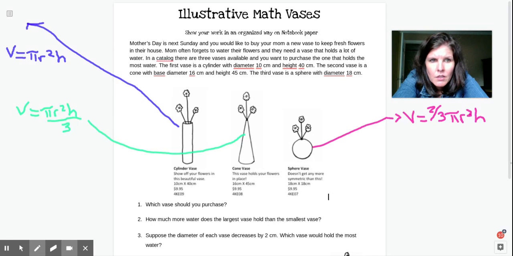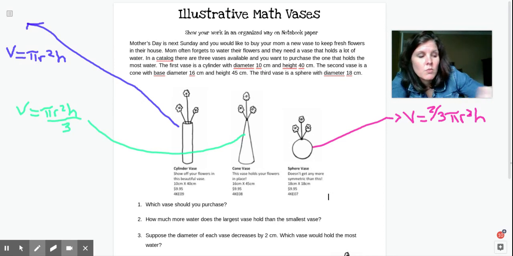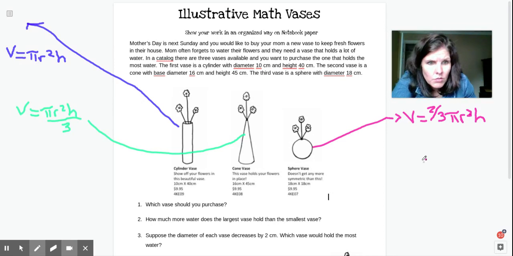But because we're not actually taking the EOG, you guys don't really even have to memorize this formula. I'm going to give you this other formula. It's 4/3 pi r cubed.